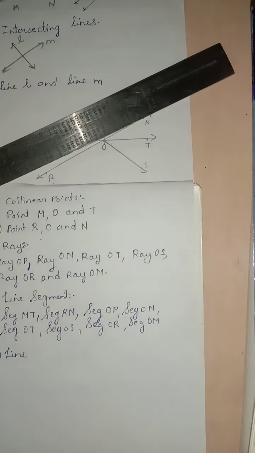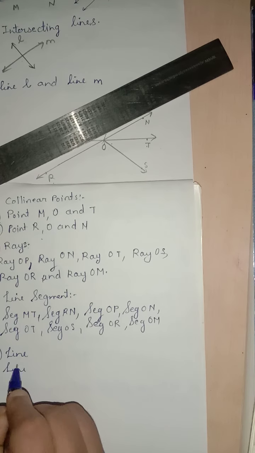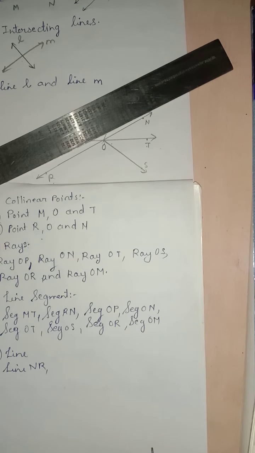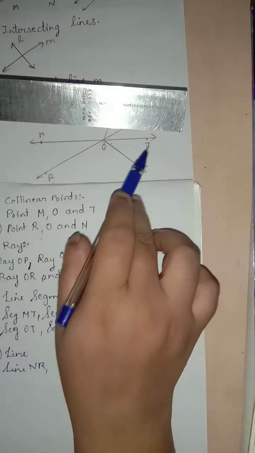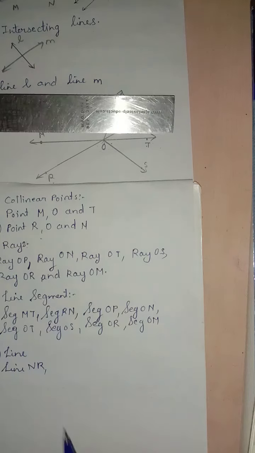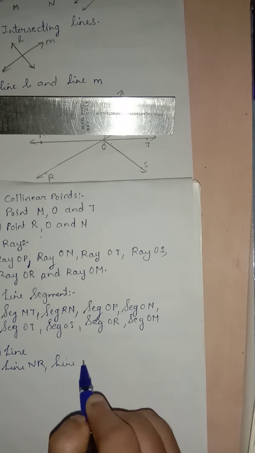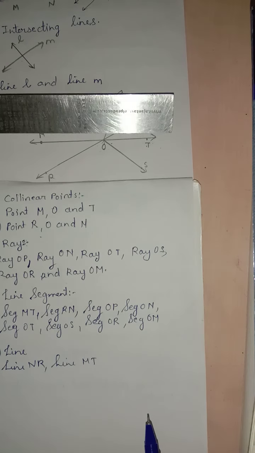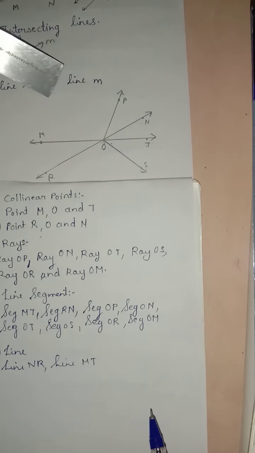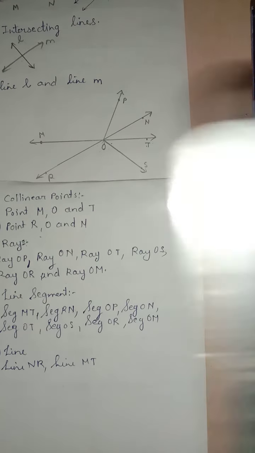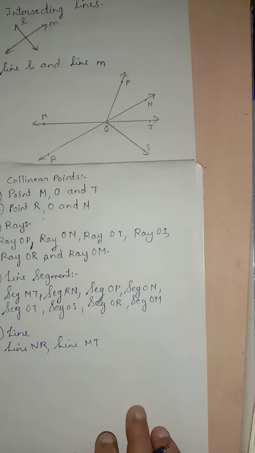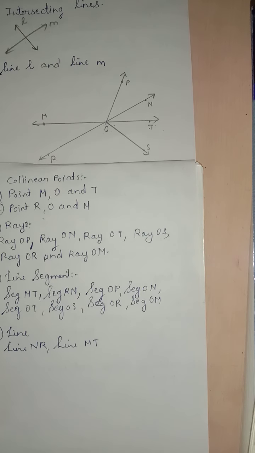What is that line's name? Line NR. You can also say RN. Now, is this having an arrow? Here also an arrow. So line MT, or you can say TM. Now this is not having the other part. Yes. So there are only 2 lines, that is line NR and line MT.